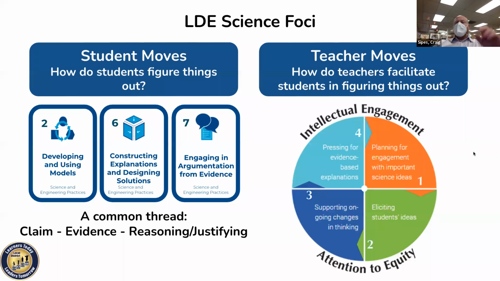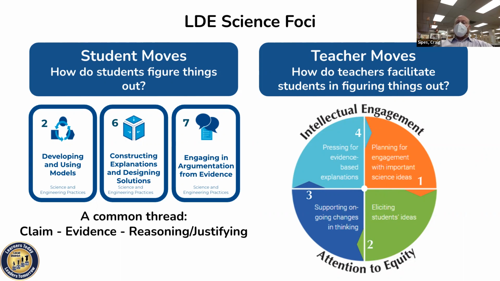So we started our journey. This is PD number 4. We started our journey with planning for engagement around important science ideas. That's ambitious science teaching practice number 1. We moved into then, how do we elicit student ideas? Then we moved in, how do we support ongoing changes in students' thinking?